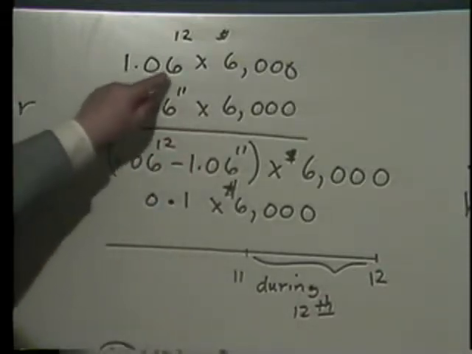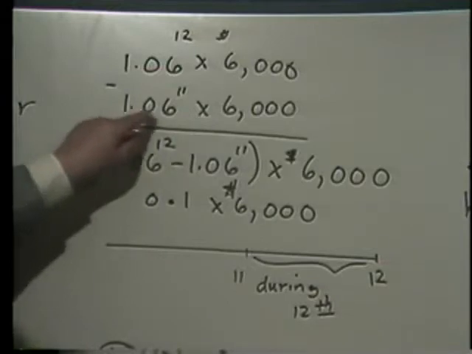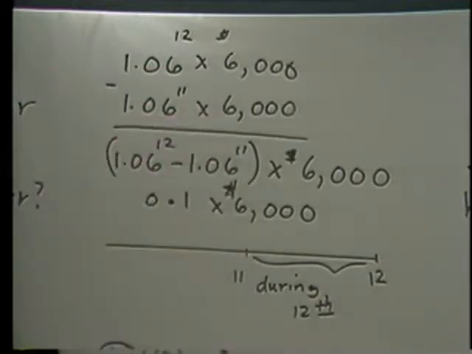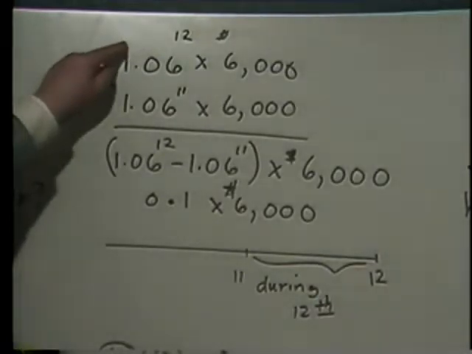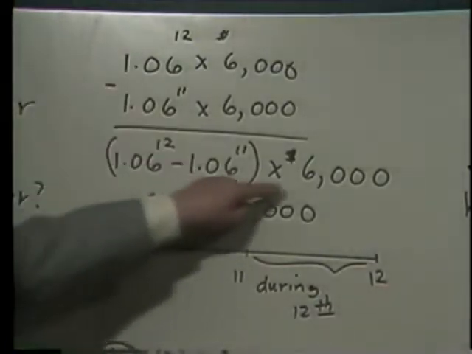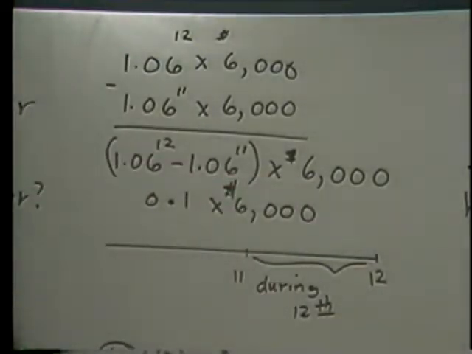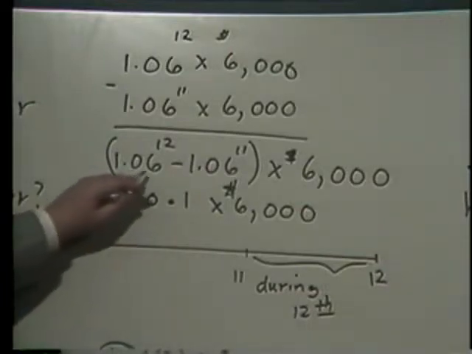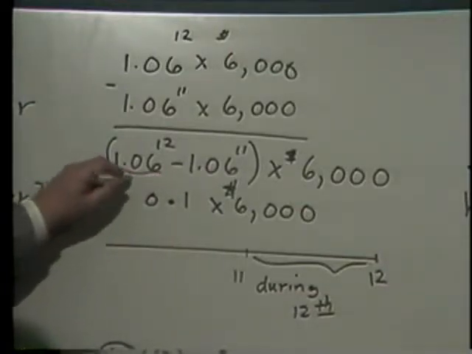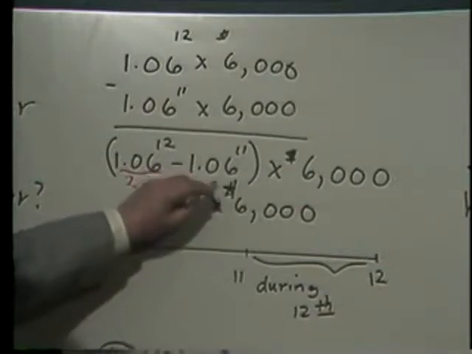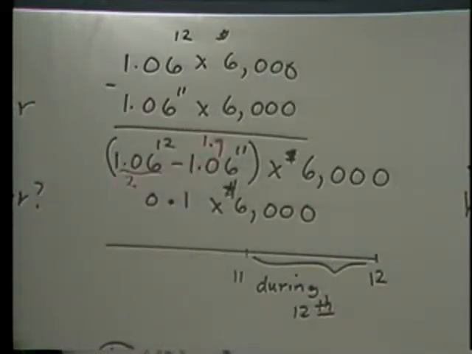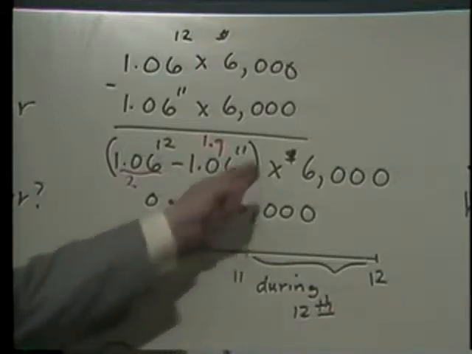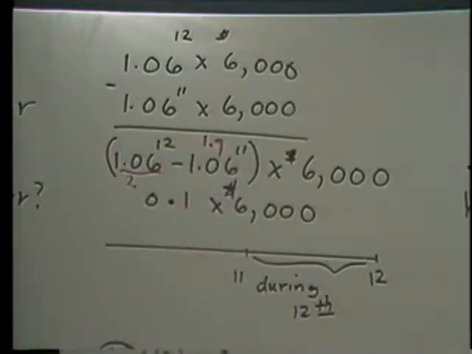Do you notice that the 1.06 to the 12th and the 1.06 to the 11th are both modifying 6,000? So I can subtract the regular way, and the noun is still 6,000. In problem number 8, I told you this was 2. In problem number 9, I told you this was 1.9. So this minus this is 0.1, which is the same as 10%, times 6,000, and that's going to be 600.